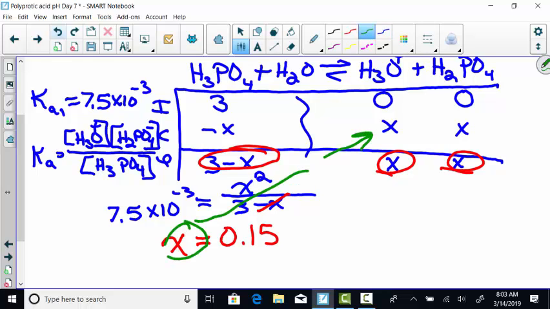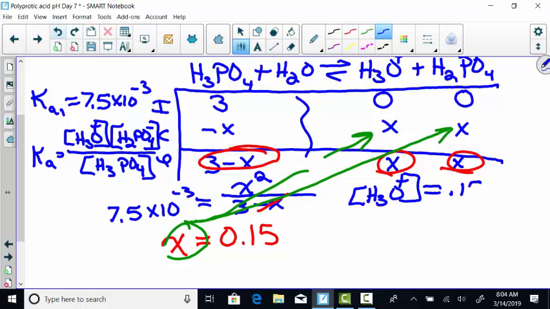Now, remember, x are these concentrations. So, the H3O plus concentration right now is 0.15 molar. And the H2PO4 minus concentration right now is 0.15 molar.